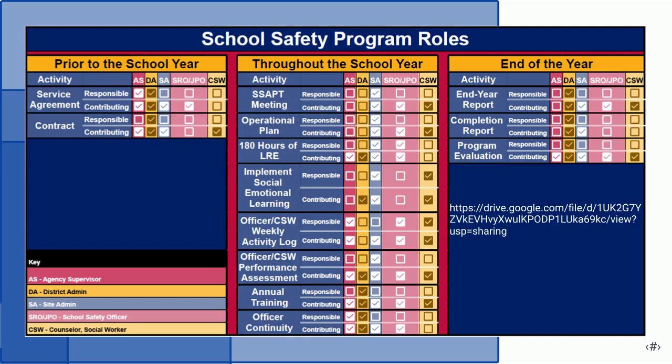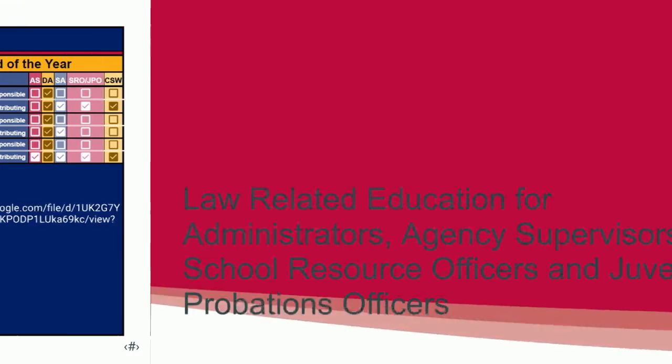You can easily go to the top of each column and find your responsibilities prior to the school year, throughout the school year, and your end-of-the-year duties. Both responsible and contributing members of the team should remain mindful of the timeframes for all of their responsibilities under the Safety Program Grant. A link to a PDF of this document is included on this slide. You can find the link on our website as well.